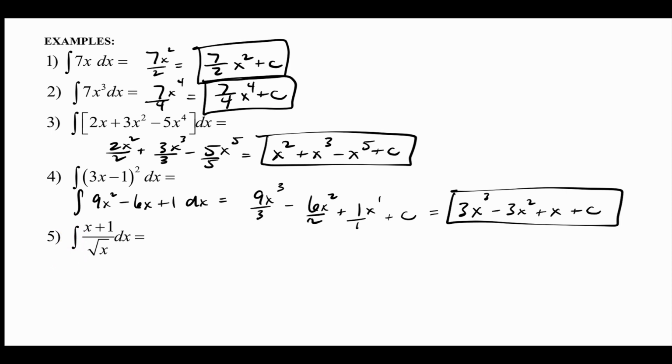So yeah, the first thing is change the square root on the bottom to a power. So let me change it to a power. So it's x plus 1 over x to the 1/2. That's the first step. What's the second step?